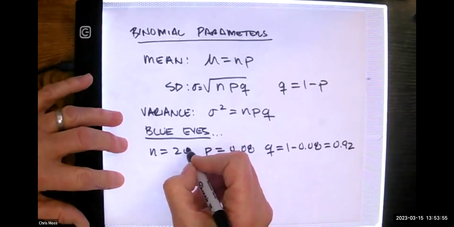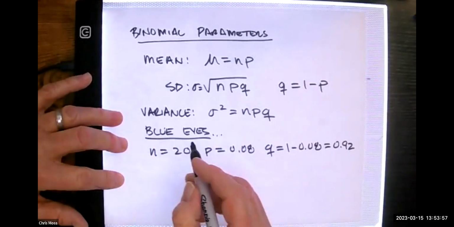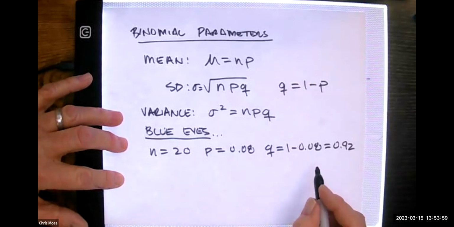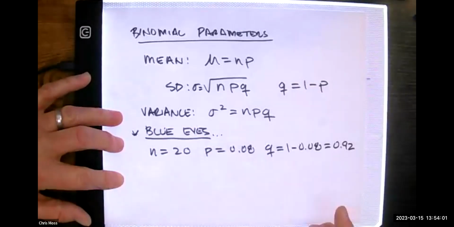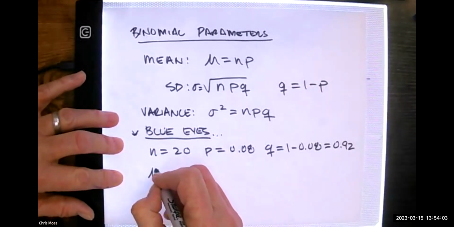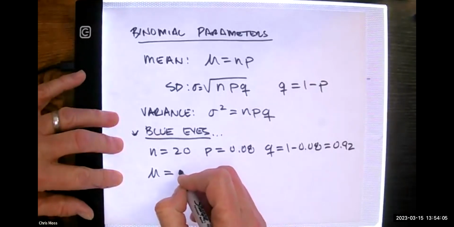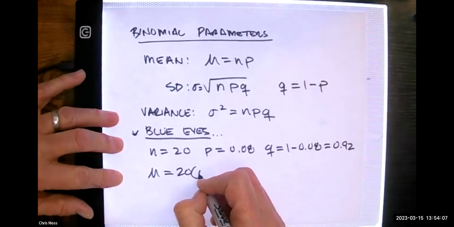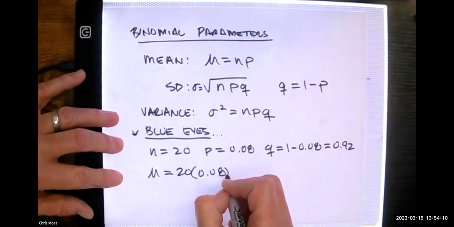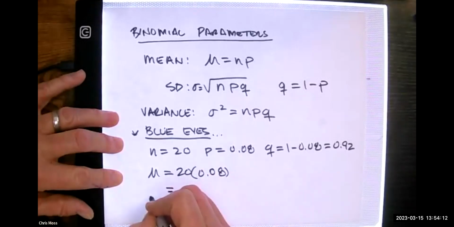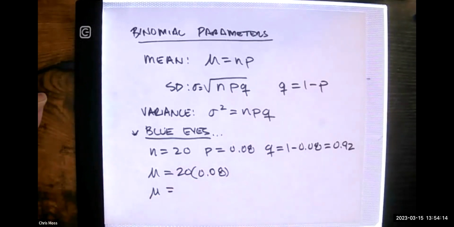And if I select 20 individuals at random, and I'm looking for blue eyes, the mean number I can expect is mu equal to 20 times 0.08. My calculator finds that quite easily. I don't even feel the need to demonstrate that.